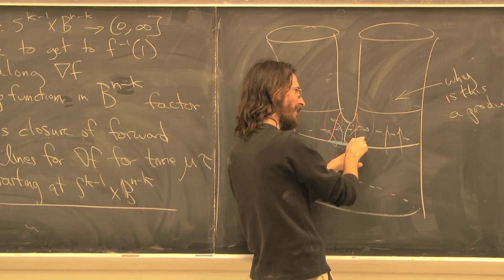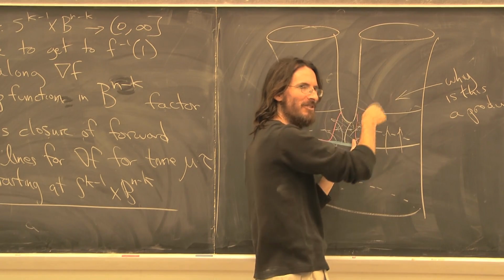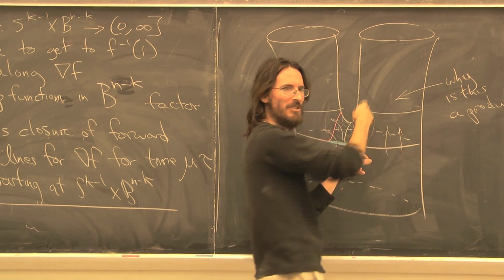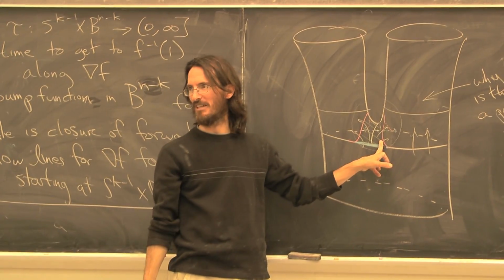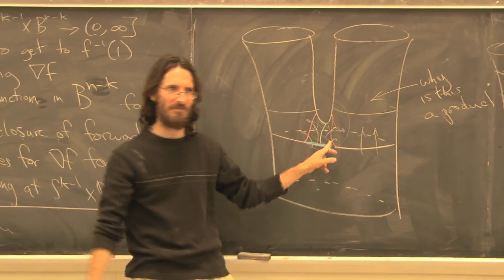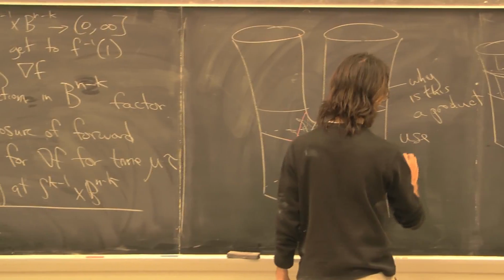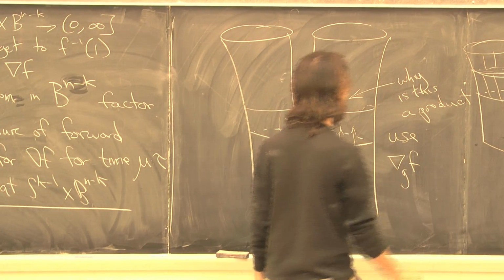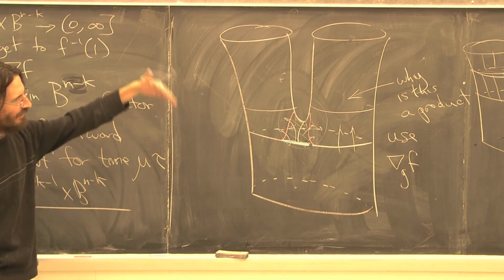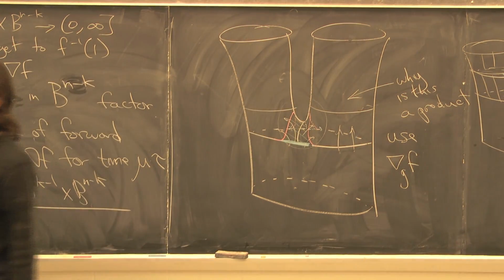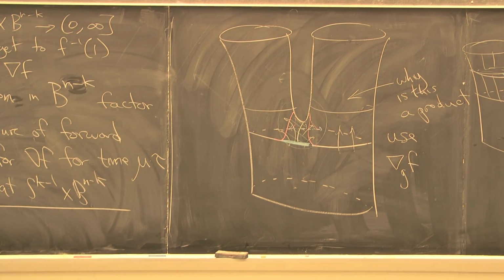Which means you can make an argument that it will flow all the way up to here, and so again, flowing along that gradient vector field, normalizing appropriately, you can realize that it's a product. That's it. So you use grad g at the end, even though the Morse function is not constant on this boundary. So that's the extent of the technicalities I want to give you.